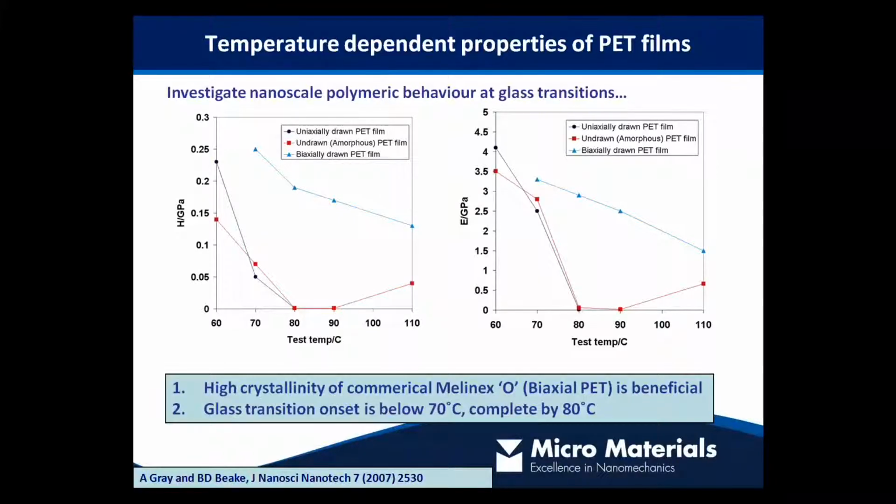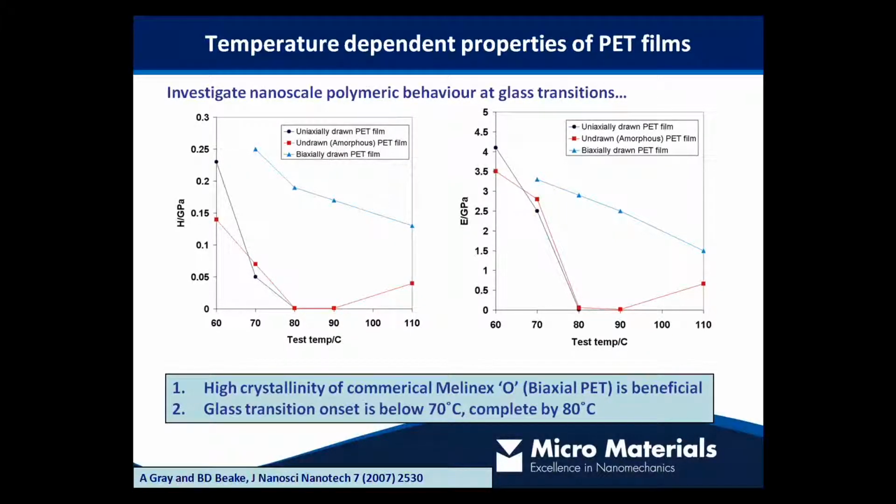So, example number one is a PET film, a polymer film material, with three different samples which are chemically the same, but in terms of their microstructure they're rather different, and their microstructures have been modified by mechanical working. So we have an undrawn amorphous PET film, so you can imagine the chains are all kind of randomly tangled up.